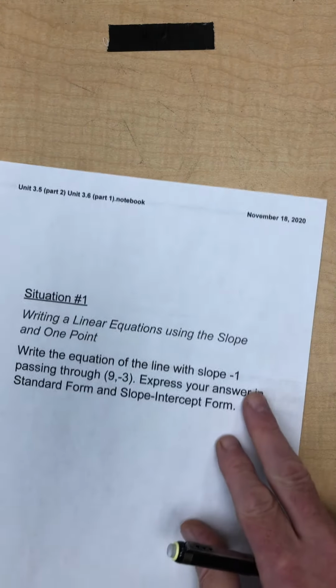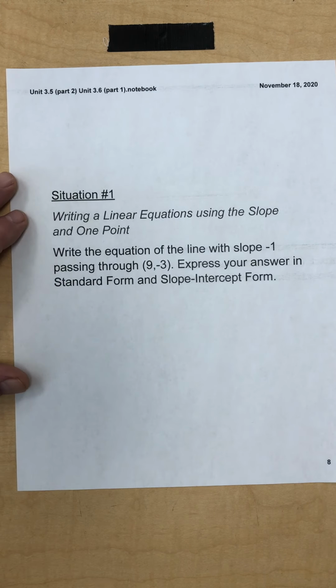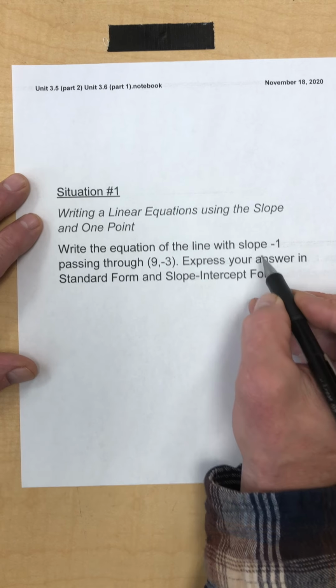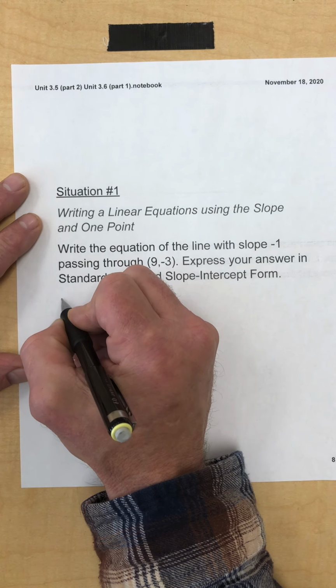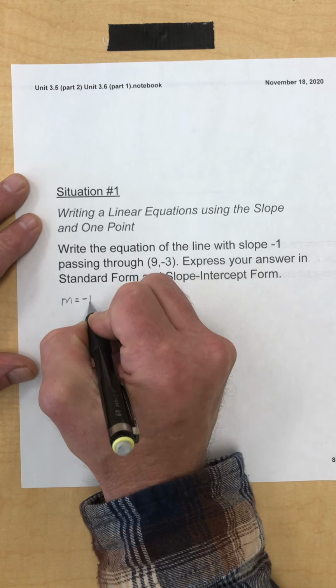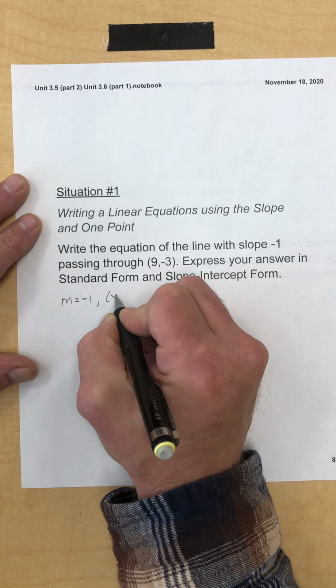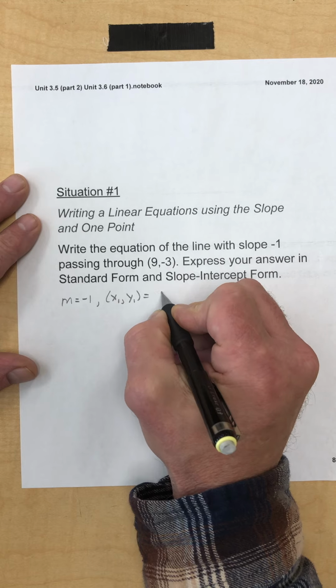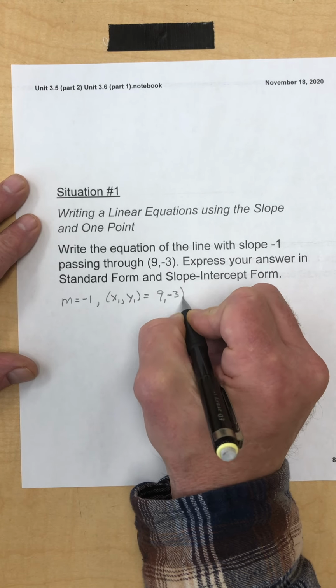Okay, one last problem to do here. So let's see. Again, my slope is -1, and my point, this x sub 1, y sub 1, is 9, -3.